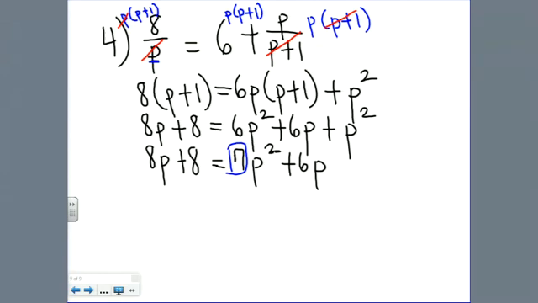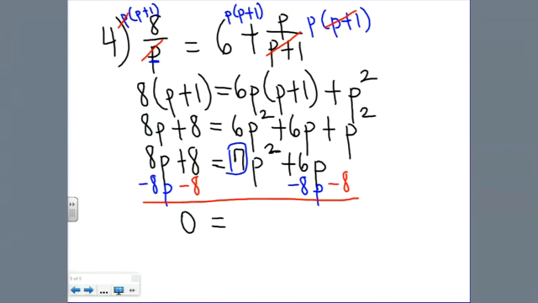So let's subtract 8p from both sides, as well as 8. Subtract 8 from both sides. So we're left now with 0 equal to 7p squared minus 2p minus 8.